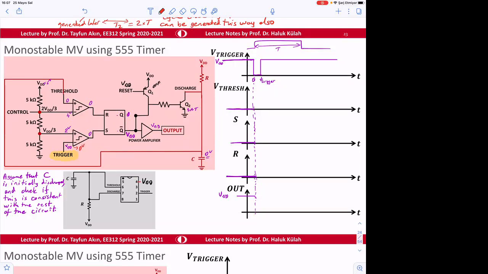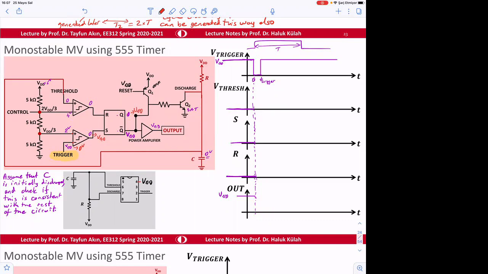If this becomes 0, what happens to this? Set goes to VDD. Why? Because now, compared to 2 volts, 0, output is going to be high. When this goes to VDD, what happens to Q? Because it's the set input, the set input makes this thing VDD.